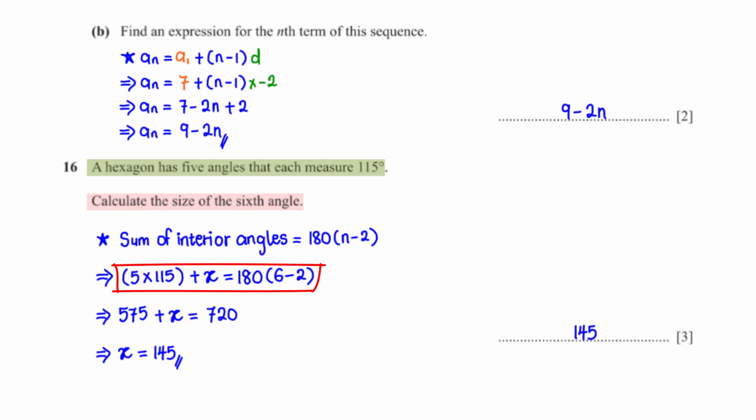And so the sum of the interior angles is 5 times 115 plus x. 5 times 115 is 575, and 180 times (6 minus 2) is 720. When we subtract 575 from both sides of the equation, we get x equals 145.